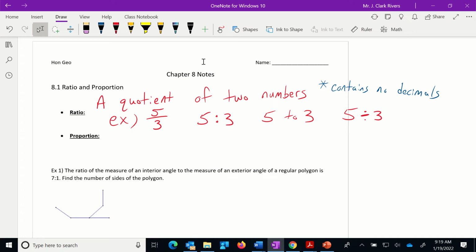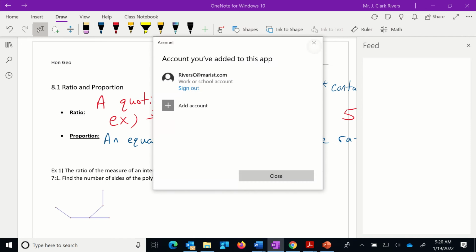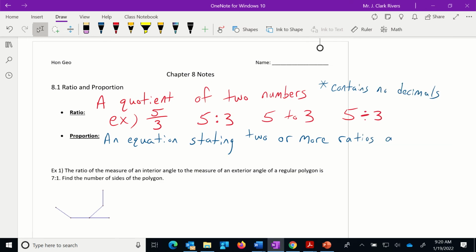All right, let's talk about proportions. A proportion is an equation stating two or more ratios are equal.